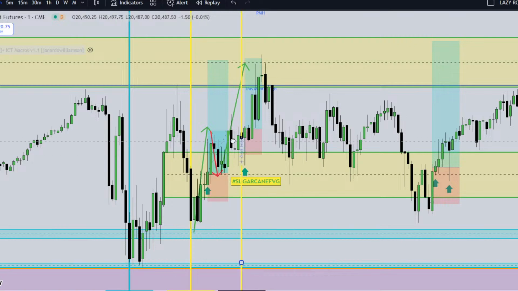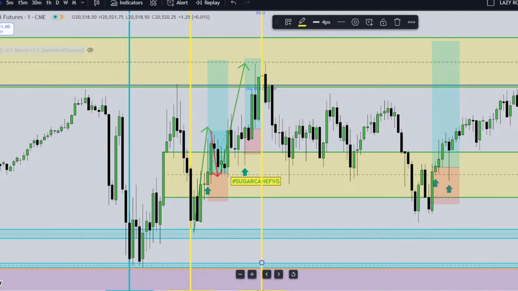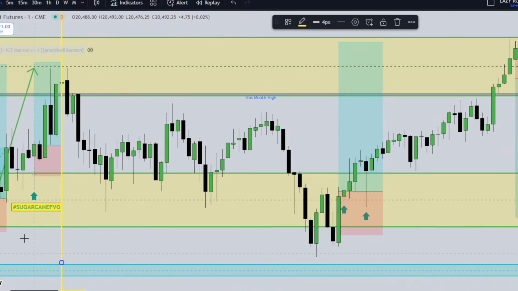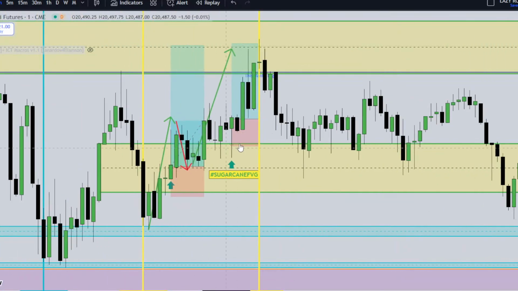Decent one. Not too good, but decent. Now, this is where we have a little variation, right? But it's still the same thing. Got our line 931, right? Then we're just trying to find our sugar cane. Bar 1, bar 2, bar 3. That little space, that big space right there.